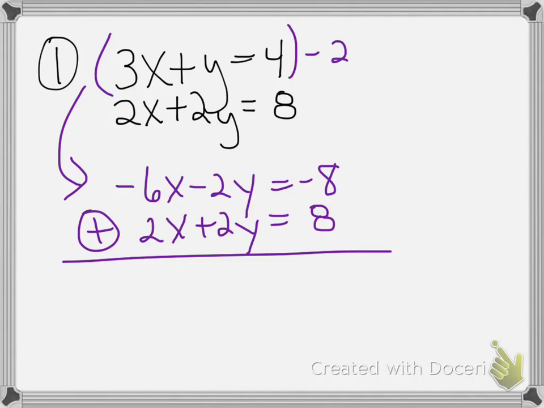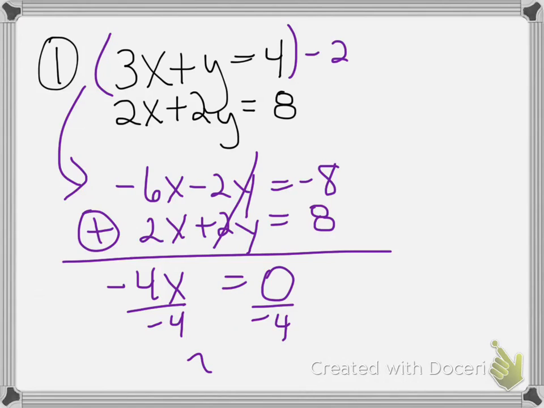So negative 6x plus 2x is negative 4x. Negative 2y and positive 2y will cancel each other out. Negative 8 plus 8 gives you 0. If you divide by 4, negative 4, x equals 0. That's the first part of my solution. I'm going to come back and substitute this to find out what the y is.